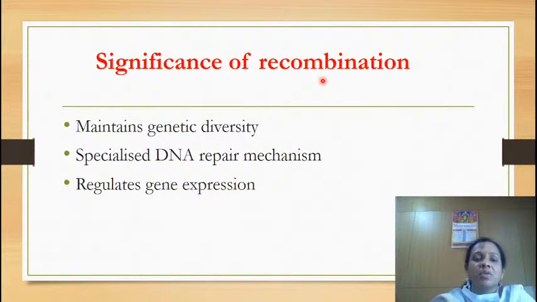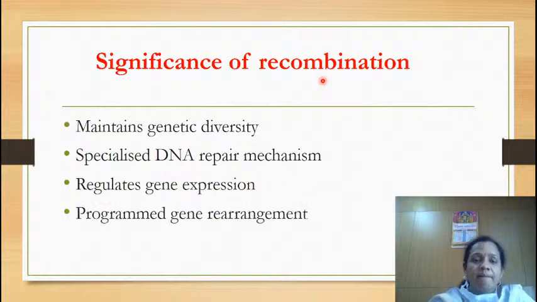That is one example of gene expression. Next, programmed gene rearrangement, the one that we have seen for the immunoglobulins. The genes are arranged subsequently, in a sequential manner. So that is called programmed gene rearrangement. So this is about the recombination.